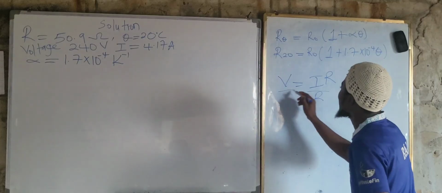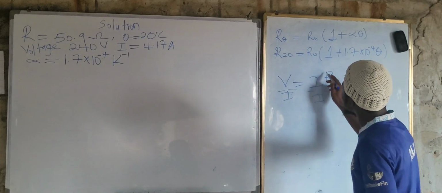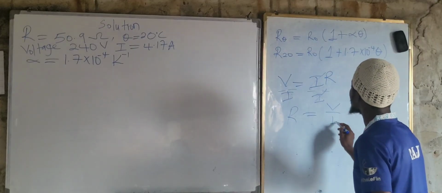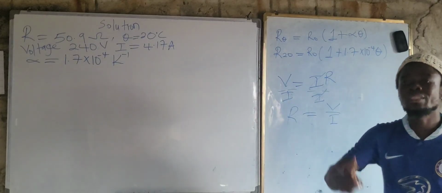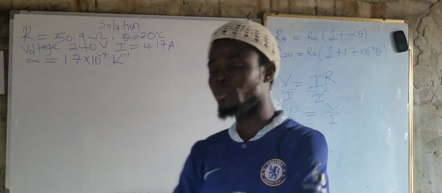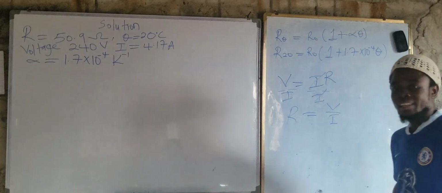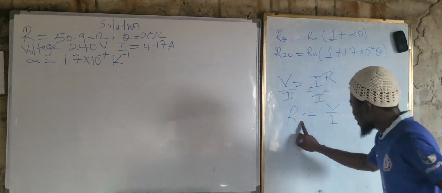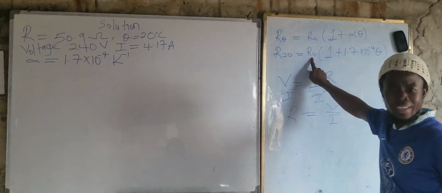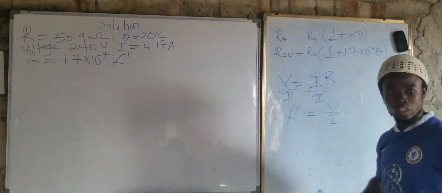R is equal to V over I. That is the reason why they gave you the current and the voltage. It's very important to find the resistance. But this R here is R theta. Do you know R0 from this question? R0 is not known.